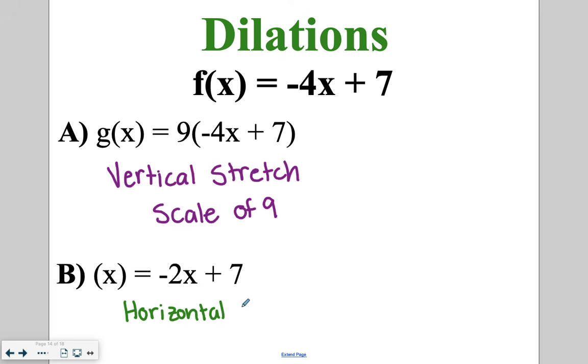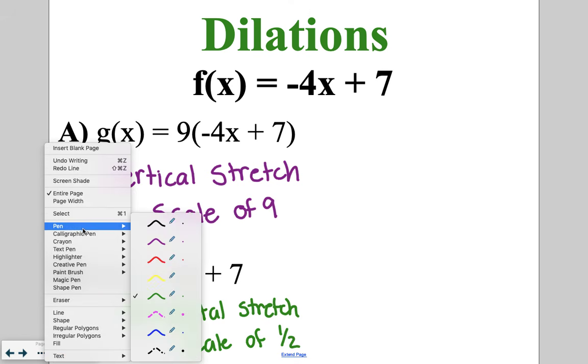And if we are multiplying by a half horizontally, that is going to stretch it out. Remember, if you push down vertically, it's going to stretch out horizontally. So half means a horizontal stretch. And then our scale on this one is going to be that 1/2 value.